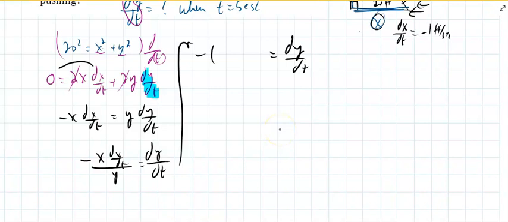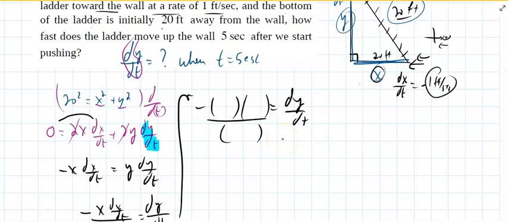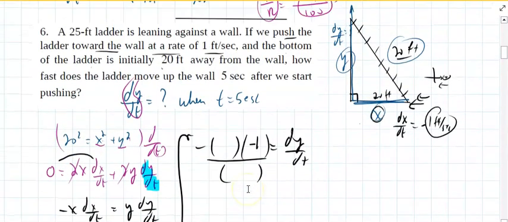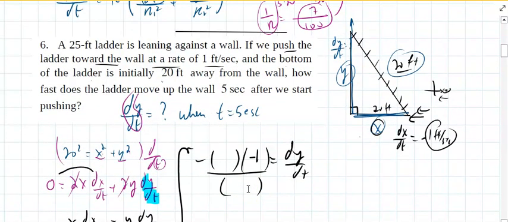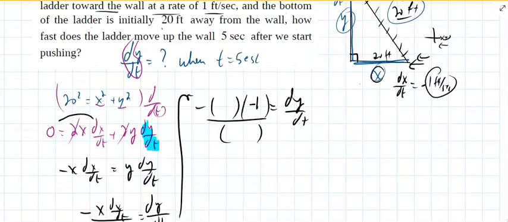I have 3 variables, one of which I know for sure. dx/dt, I know that's a negative 1 foot per second. I need to know what x is, and I need to know what y is. Well, let's see. Initially, I was 20 feet away. I'm moving in at a rate of 1 foot every second. In 5 seconds, wouldn't I move in 5 feet?